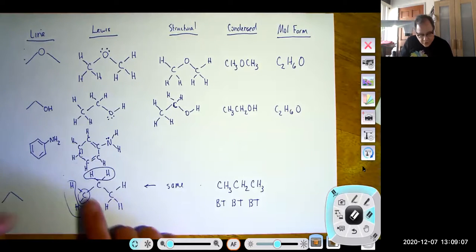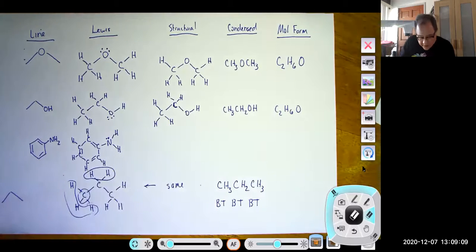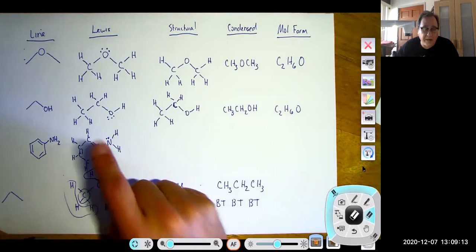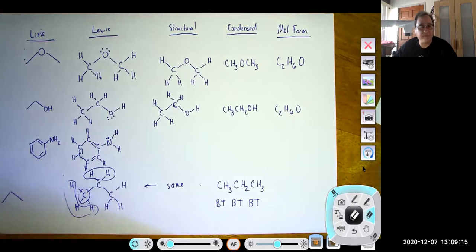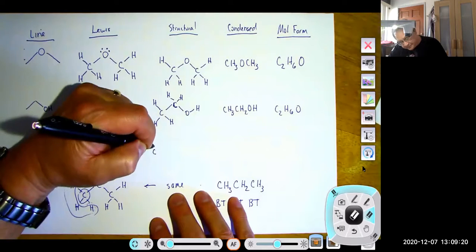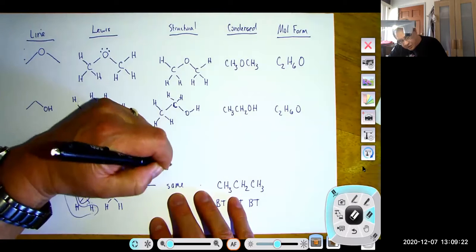Okay, so you can probably get the Lewis structure. The tough one here is that nitrogen needs to have one lone pair on it so it has an octet. The structural formula is going to look the same, but without the lone pairs.